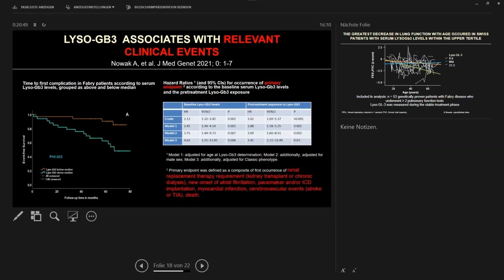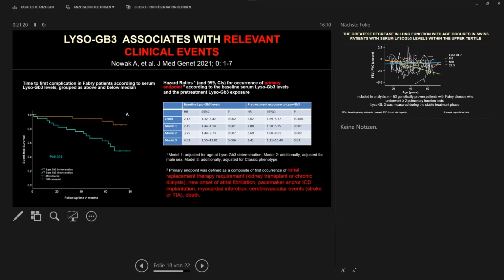And then we looked at how fast clinical complications, such as, for example, stroke, indication for renal replacement therapy, for example, renal transplantation or hemodialysis is necessary, how fast we need a pacemaker, or how fast patients die.